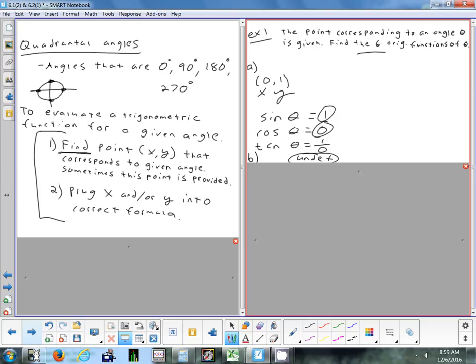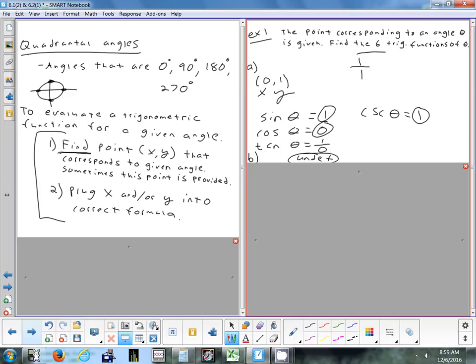How about, what's the reciprocal of sine? Which trig function? Cosecant. And what do you get if you flip 1? Think of 1 like this. You get 1. 1 is one of the 2 numbers that you can flip and it doesn't change.